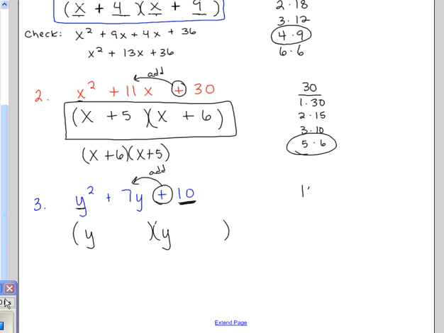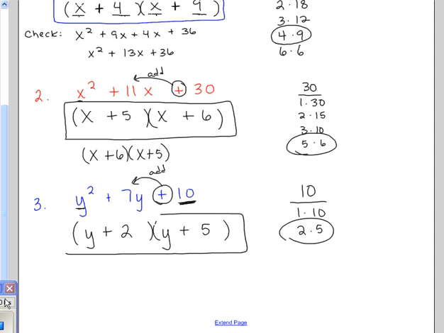So I have to look at the factors of 10, 1 times 10 or 2 times 5. Now you don't have to always write your list down over here on the side. You know, if you can do this in your head, that's great. Okay, but what's going to add up to be 7? 2 and 5. Again, both positive. So my answer would be y plus 2 times y plus 5.